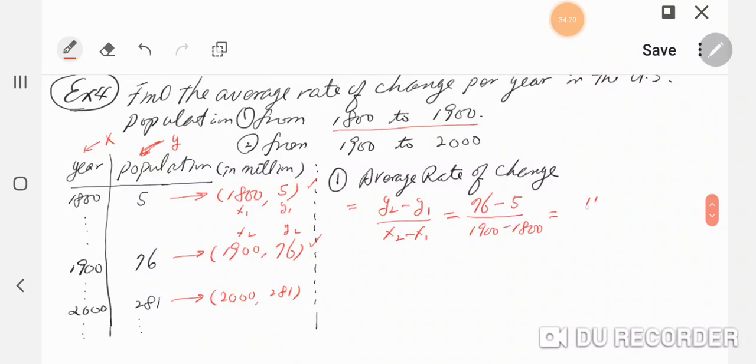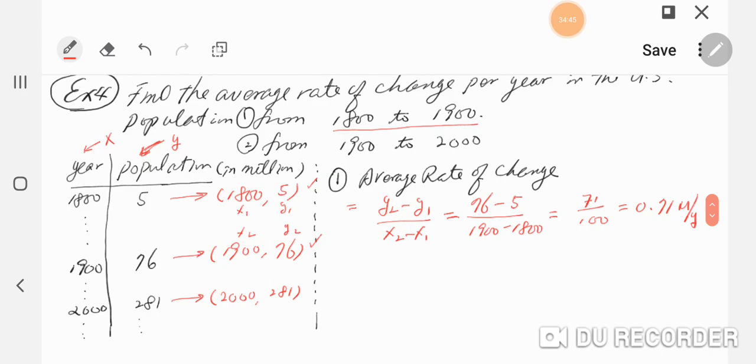So 71 over 100, not 11. So this is 0.71 million per year. This means million per year.